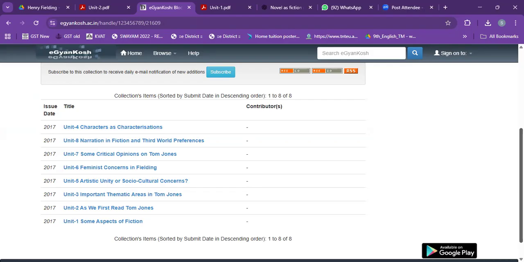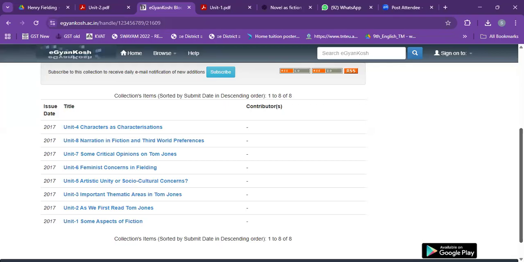So give special attention to the first unit, because when you study the different aspects of fiction, you can write answers, or find answers, for the other blocks also. So give more attention to the first unit, some aspects of fiction, that we are going to discuss today.